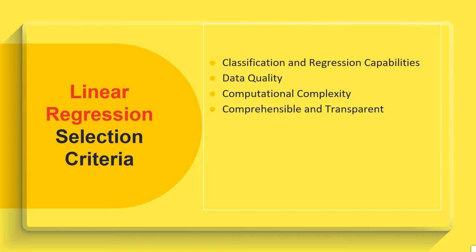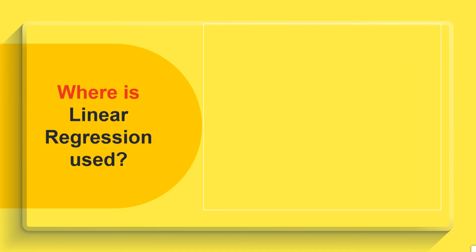Next is where linear regression is used. The first is evaluating trends and sales estimates. Linear regression can be used in business to evaluate trends and make forecasts.